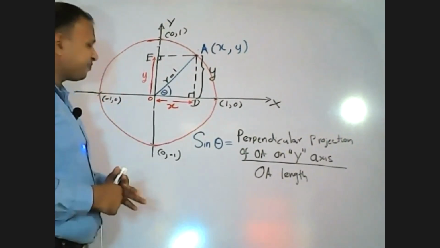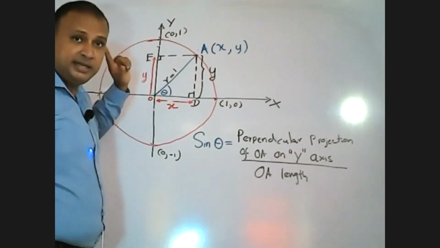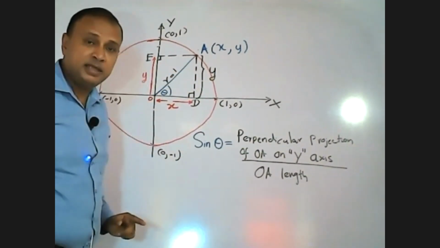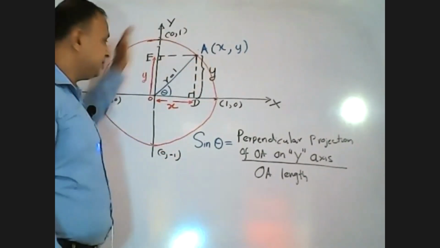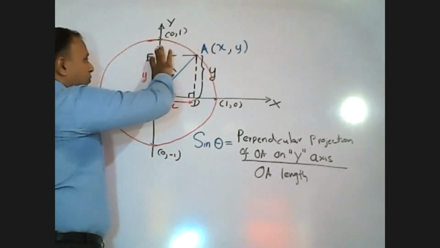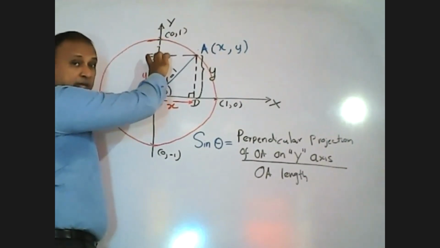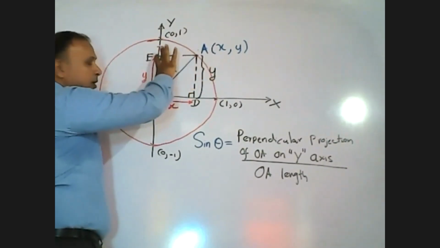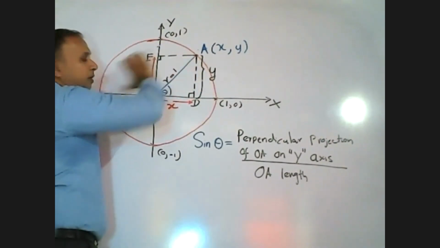But instead of writing opposite side over hypotenuse, now we are writing these terms using the terms of unit circle. So this y is equal to this y, that means the perpendicular projection of OA on the y-axis.